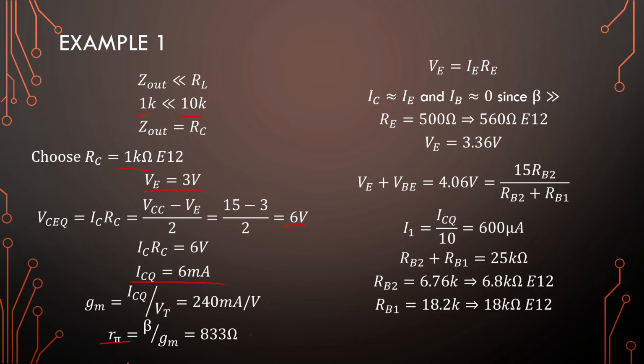If you selected R pi for input impedance in this case, specifically for this amplifier, from this you will determine your transconductance, which will determine your collector current, which will determine your RC value, or you use your RC value and then find out what your VE is, and then calculate using the VE equals IE RE equation.